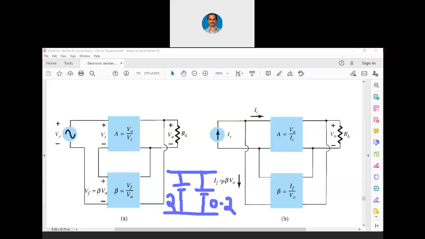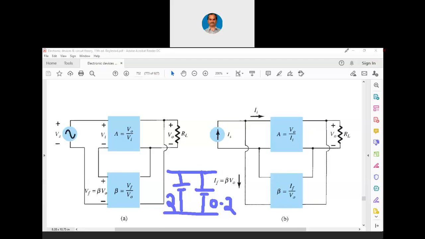Otherwise, as I have shown you here, let us say feedback is 0.2 volts and input is 2 volts, this feedback will have no effect at all. The feedback voltage will not be influencing the circuit's functionality at all. That is why voltage is taken as the feedback. Now voltage has to be connected in parallel to a current source. That is the reason he is showing you one current source.